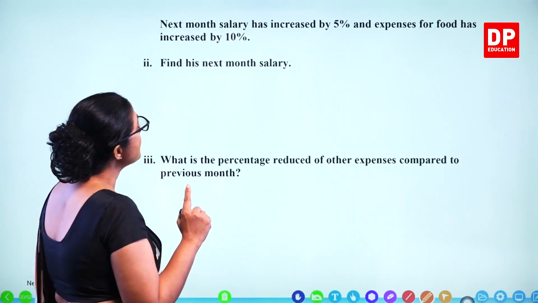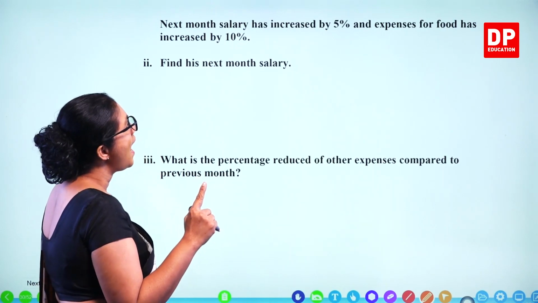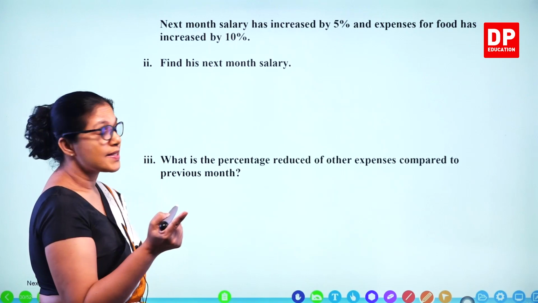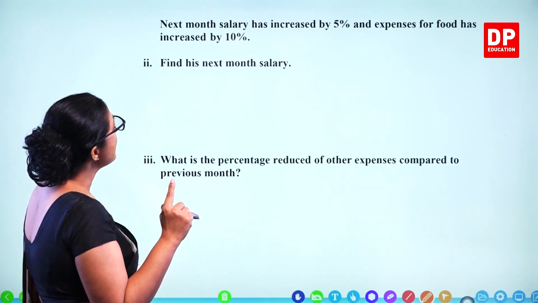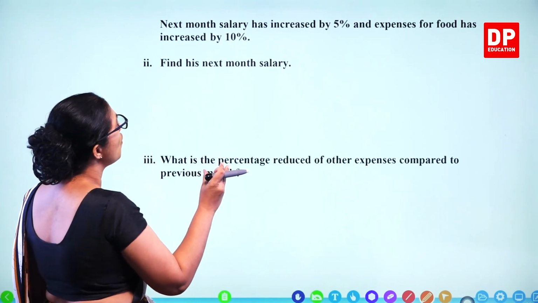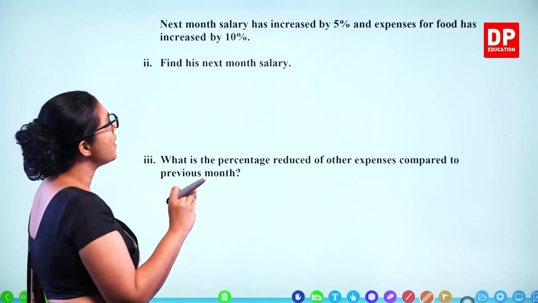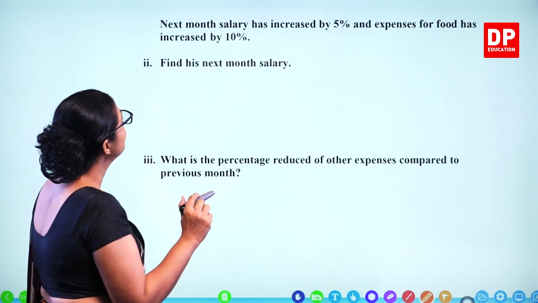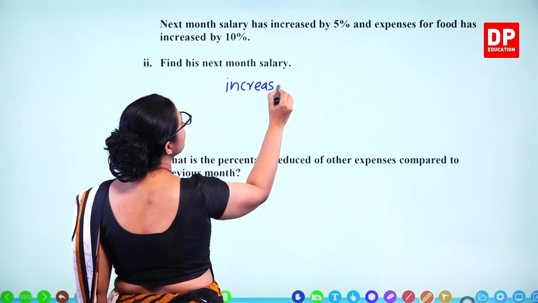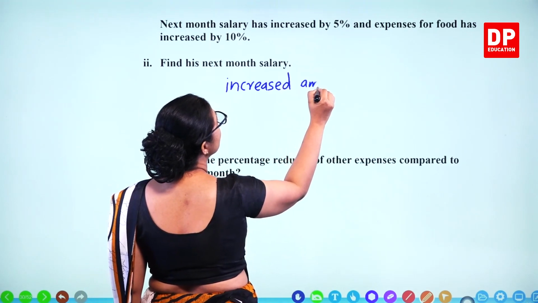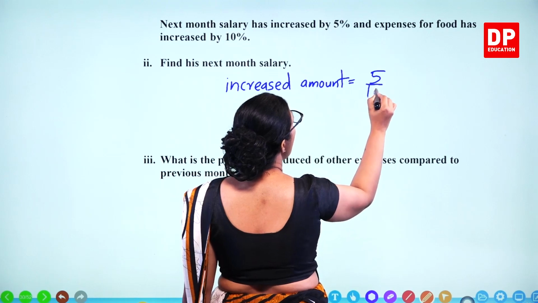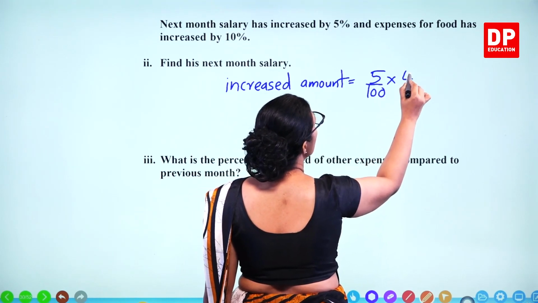Next month's salary has increased by 5% and expenses for food has increased by 10%. Find his next month's salary. So we can find out 5% of that and add it to the previous one. So increased amount, 5% of 42,000.